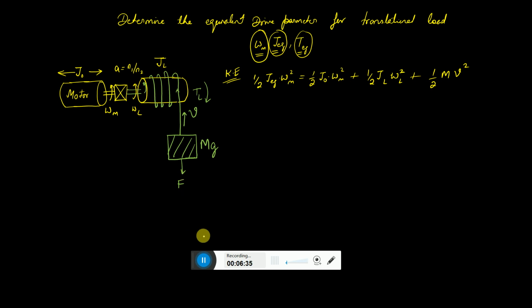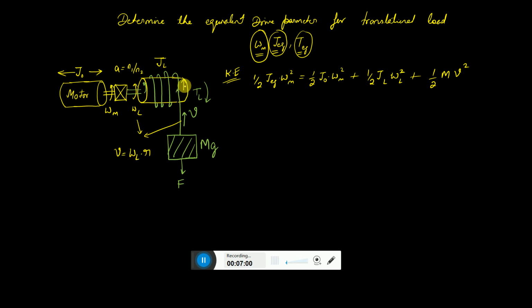Correct? Now the velocity part and the rotation part is omega L. From these two things we can get a conclusion: this velocity must be equal to omega L times the radius of the drum.